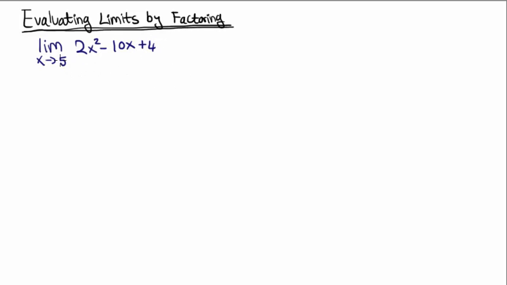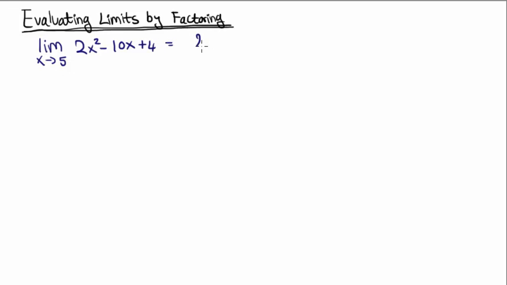If there are no random holes in the function, no asymptotes that I need to worry about, and it's just a nice, smooth, continuous function, then instead of doing a table where I approach x equals 5 from the left-hand side and the right-hand side and see which value they converge to, I can just plug in the number 5 and I'll get the answer.